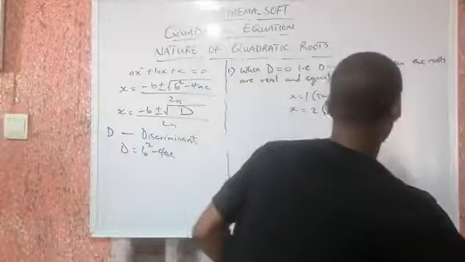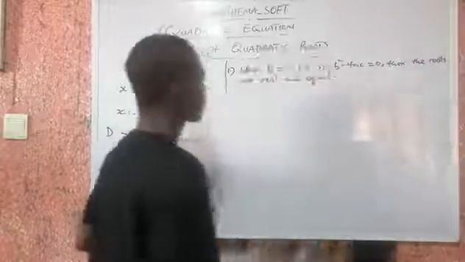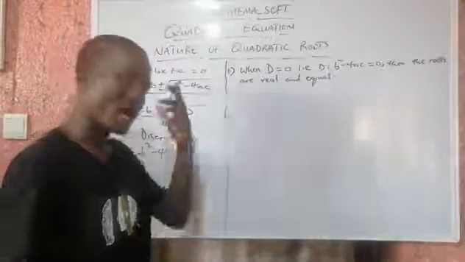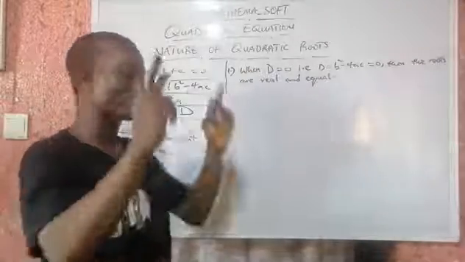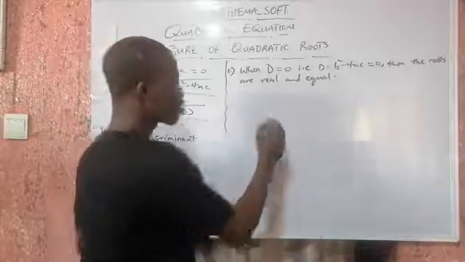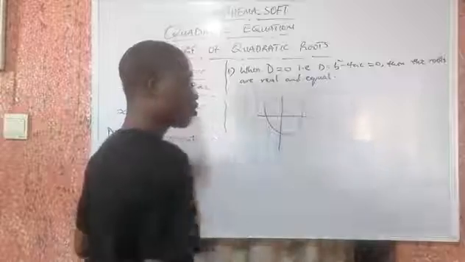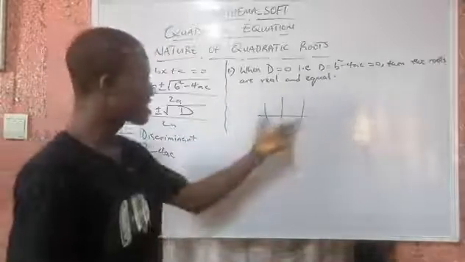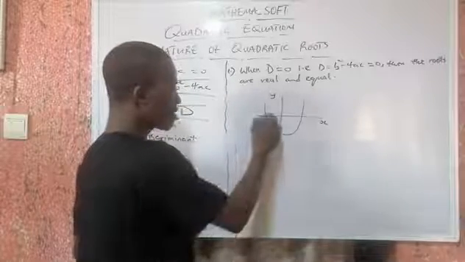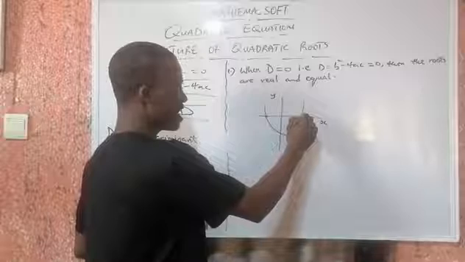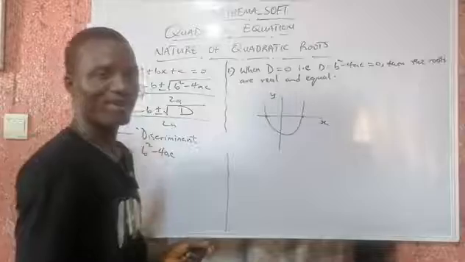Now, it's important for us to look at how this will look. Don't forget, in one of our classes under quadratic equations, we explained that the solution to a quadratic equation is the point where the curve of the quadratic graph cuts the x-axis. This is the y-axis, this is the x-axis. So the points here are the ones that give us the roots of this quadratic graph.